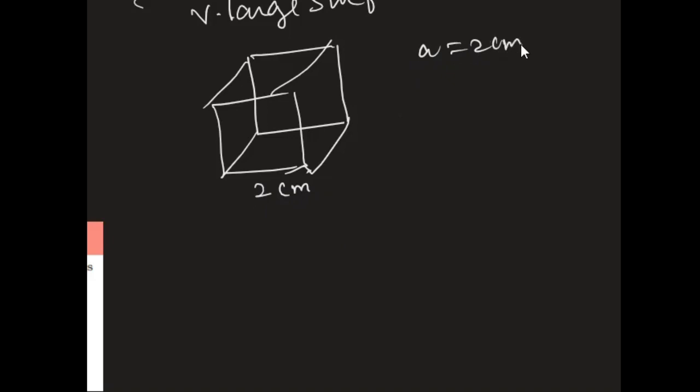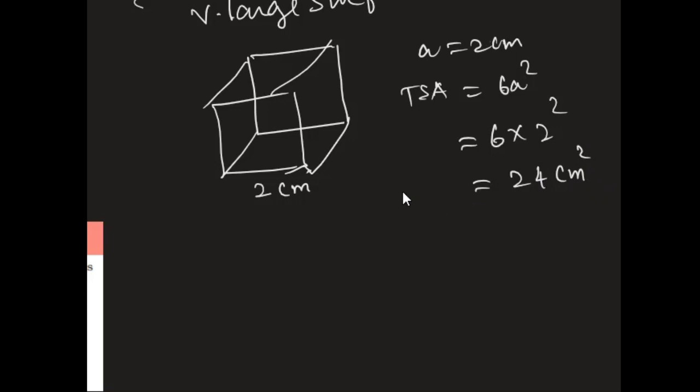So all sides are equal. Now what is the total surface area of this cube? That is 6a squared. Therefore 6 into 2 squared, that we know. So 24 square centimeter is the total surface area of this cube.